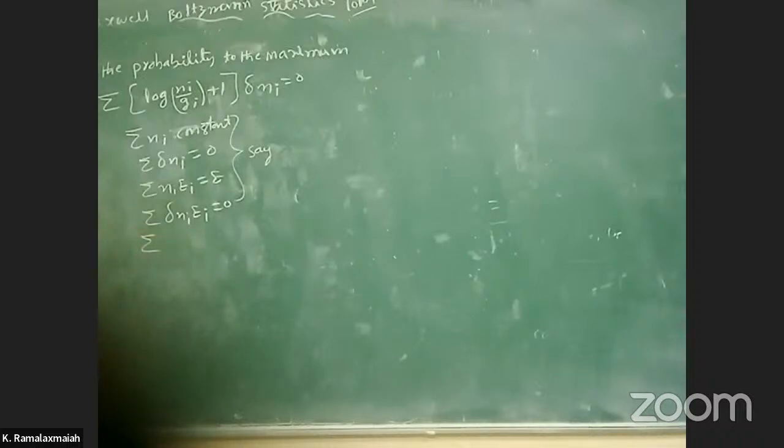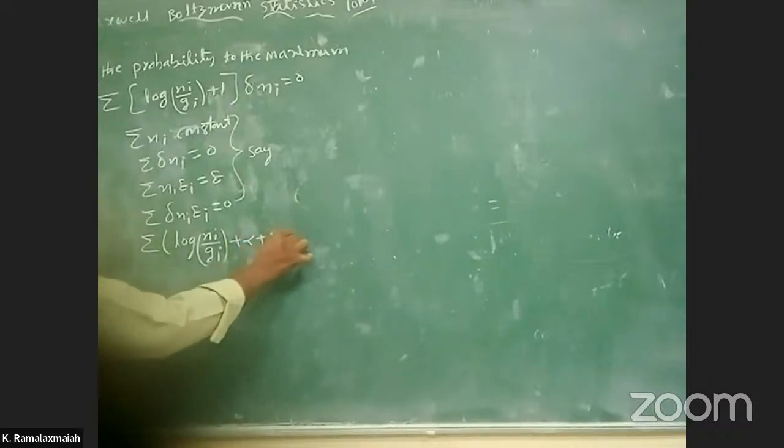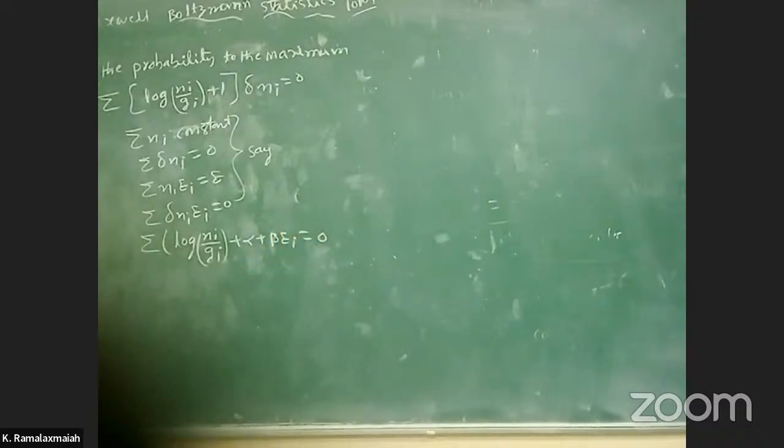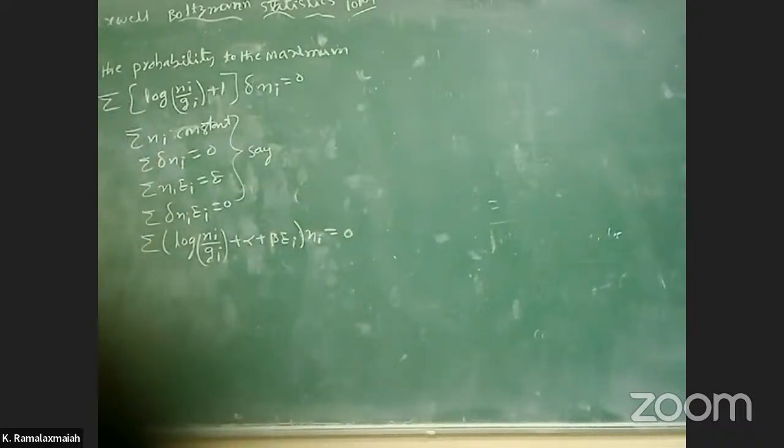Summation log ni by gi plus alpha plus beta ei, is equal to beta ei delta ni is equal to 0.